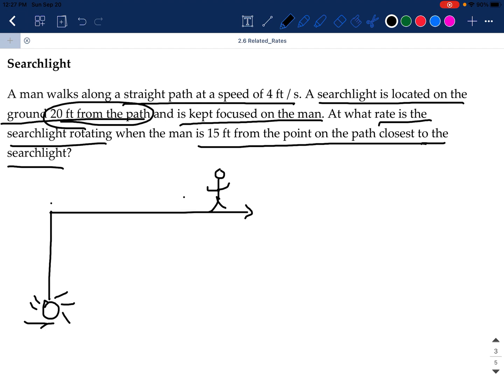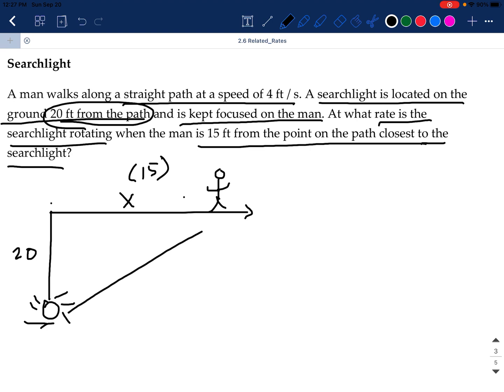So we know the distance from the searchlight to the path is 20 feet. The distance from where the man is located is 15 feet, but in general it's a variable quantity because he's moving away from that location. We'll add in parentheses that at 15 is when we're looking.